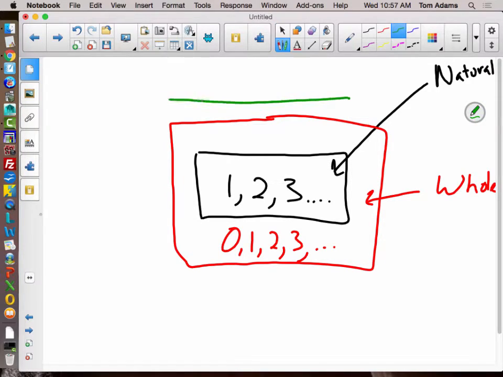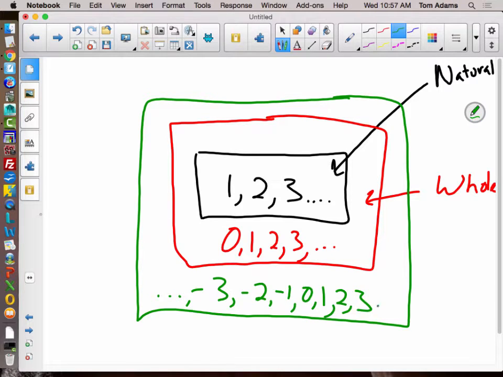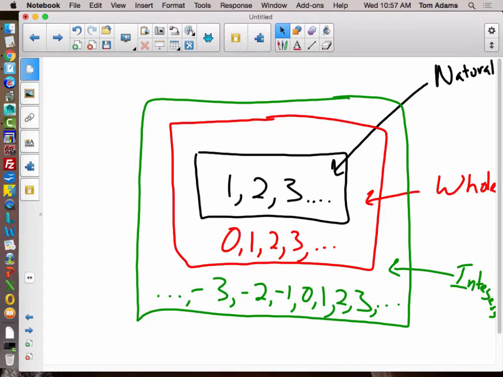If I go a little bit outside of that, and I say dot, dot, dot, negative 3, negative 2, negative 1, 0, 1, 2. Can somebody tell me what those are? Those are integers. All right, we're cooking with gas so far.